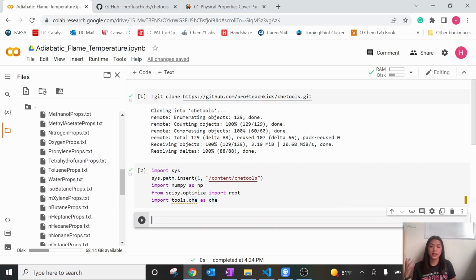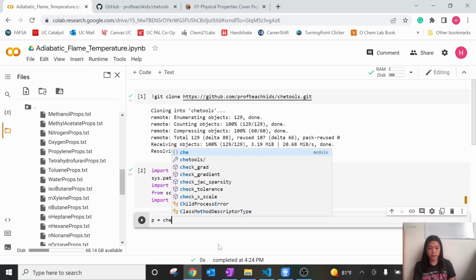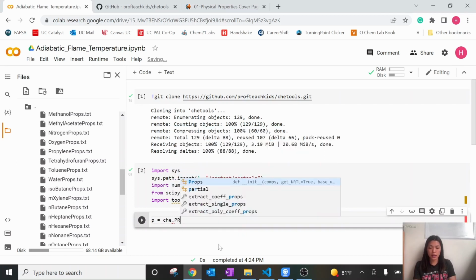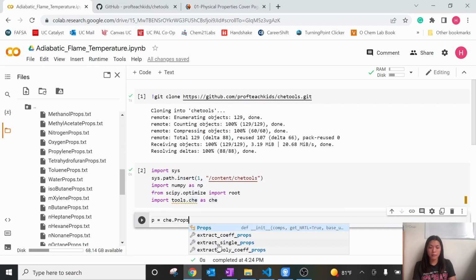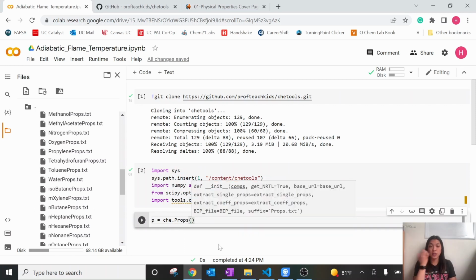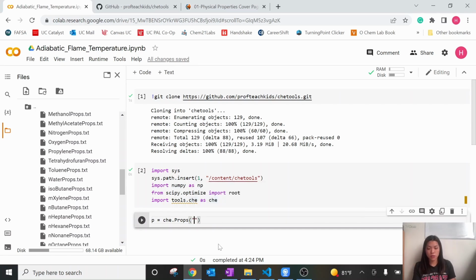So let's use the repository that we just imported to obtain the properties of the different components in our problem. We are going to name it P for properties, and we're going to use CHE and look at the props, PROPS, and we're going to have to give it all the different properties of whatever we need. The first one that we need is methane.